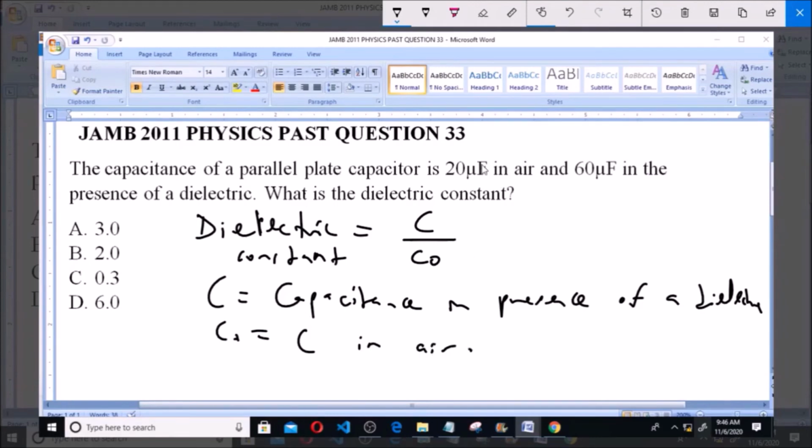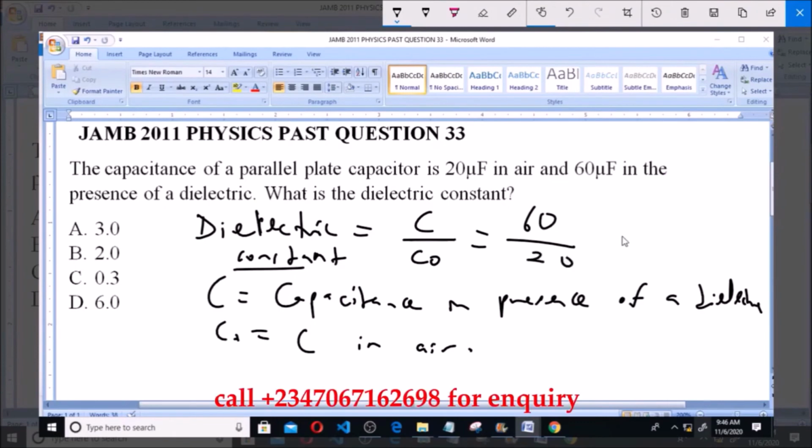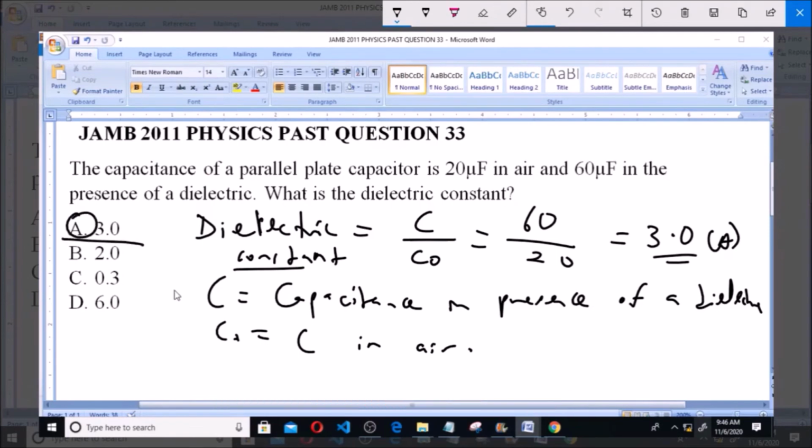There is no need to convert it because it is a ratio, and the dielectric constant of course has no unit. Even if you convert to farads, you will still get the same answer. So this is equal to 60 over 20, which is equal to 3.0, and that is option A. So 3.0, option A, is the correct answer to this question.